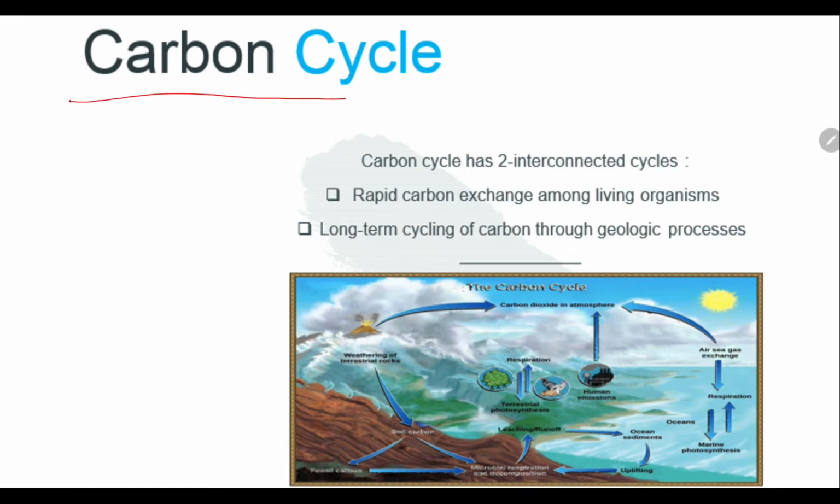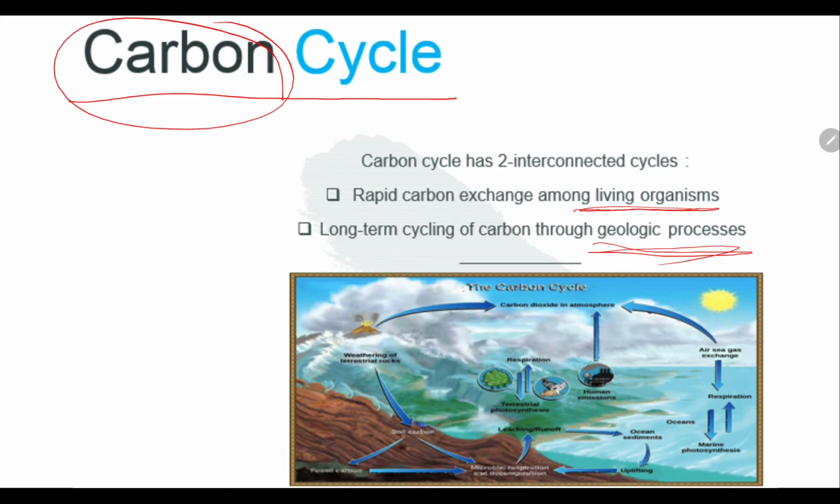So from the word itself, it involves carbon. We are continually cycling the carbon from the sea to the land to the air, right? So the carbon cycle has two interconnected cycles: rapid carbon exchange among the living organisms, and also carbon cycling through the geologic processes.